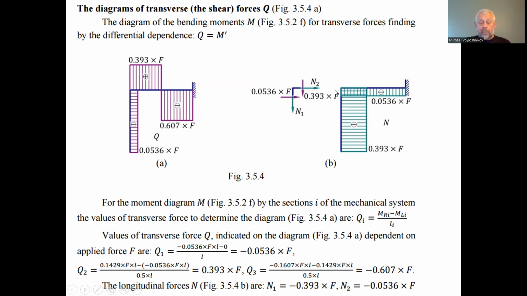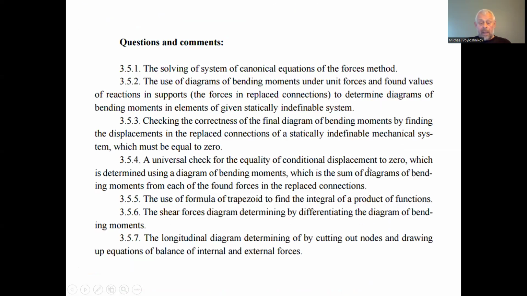As we have no longitudinal distributed force in the segments, the diagrams are evenly distributed, with no linearity.